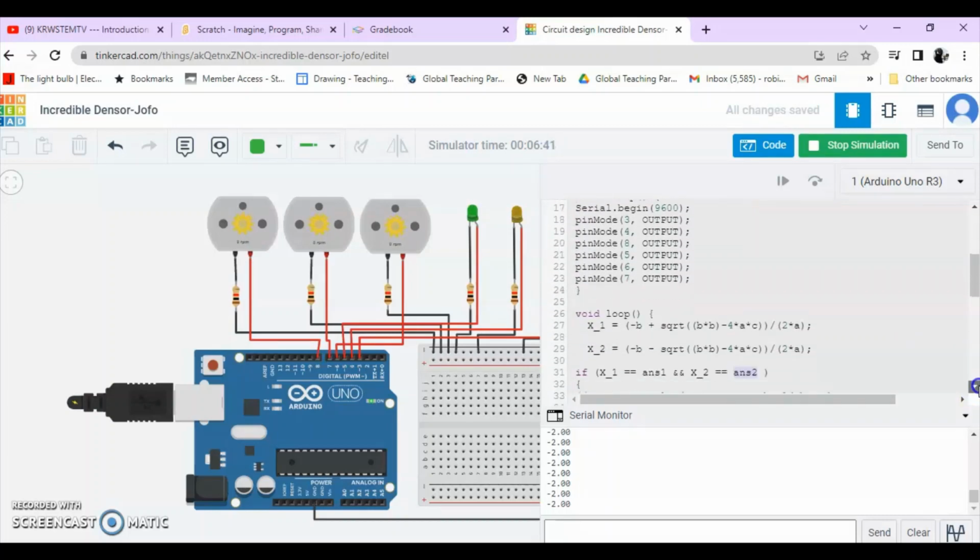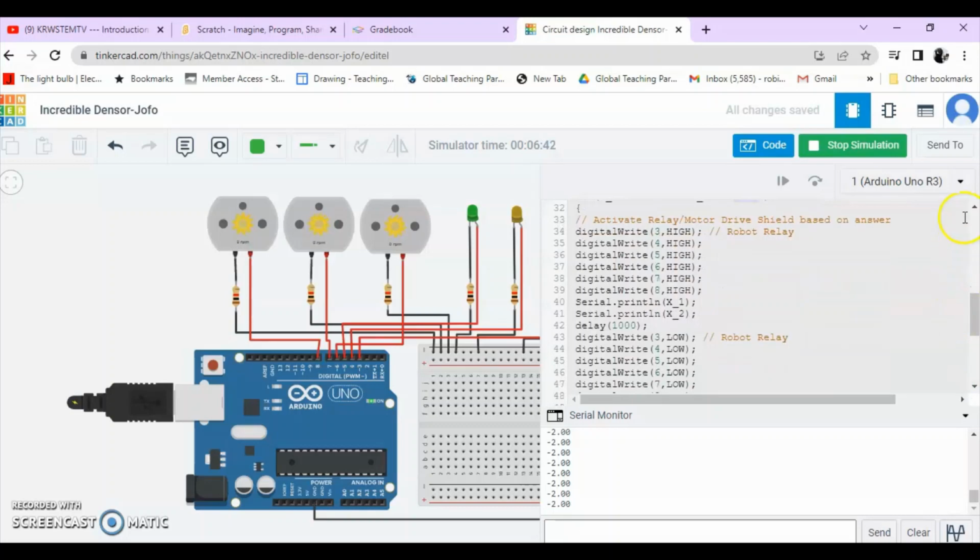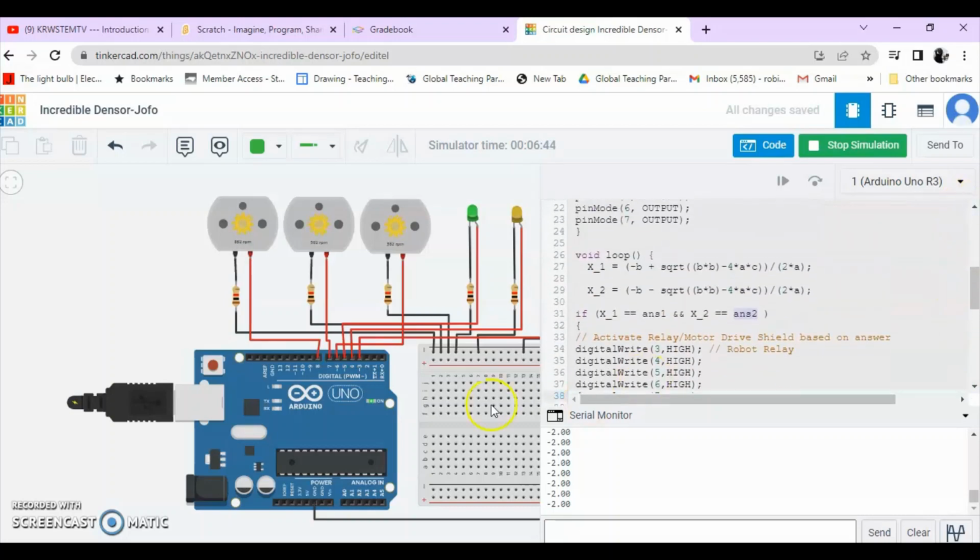When the students place -2 and -2 there, it matches. So x1 that the computer computes is -2, and answer 1 that the student computed is also -2, and x2 that the computer computed is -2, and the answer for the second root that the student calculated is also -2.